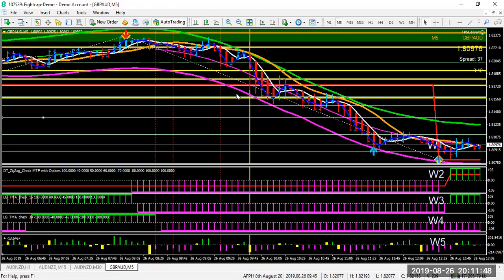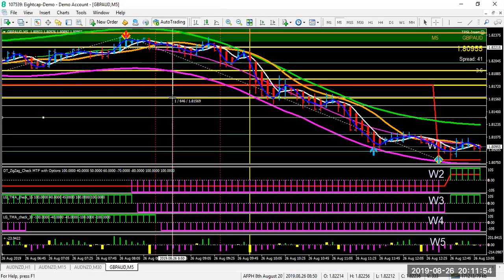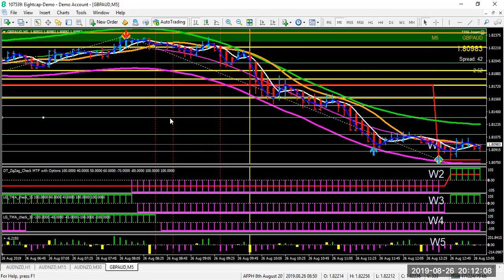It's not a coincidence, is it? So 80, 100 pips down here, and 120 pips is just above where price is now. These are all the trade management lines done.